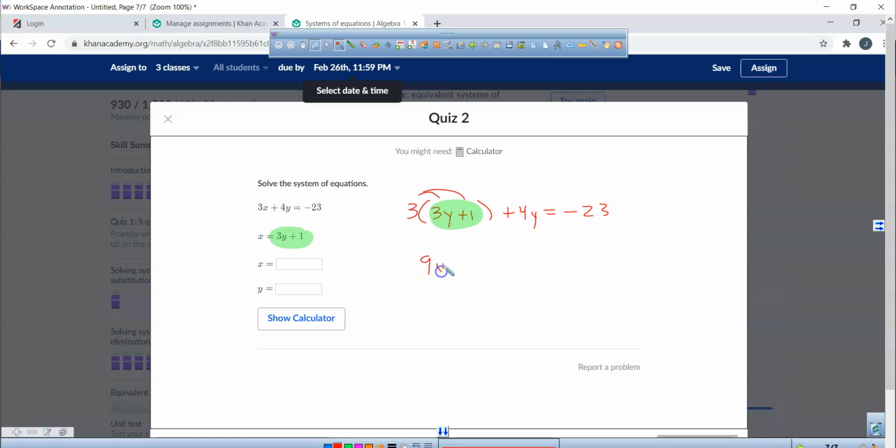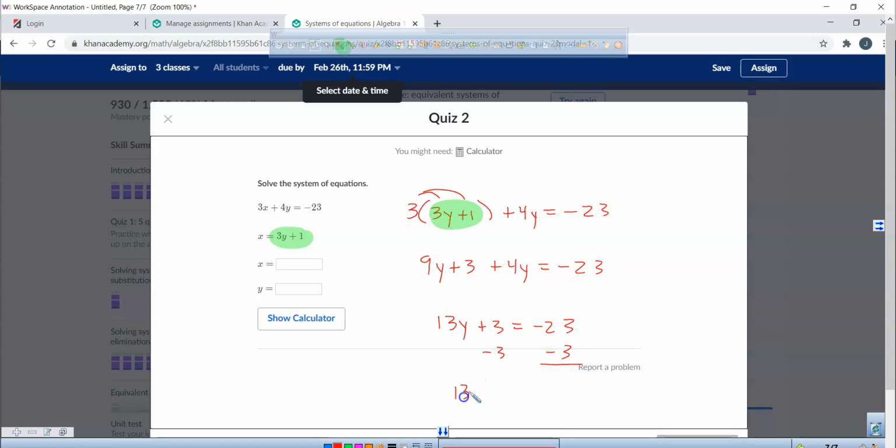We get 9y plus 3 plus 4y equals negative 23. You add the y's together, you get 13y plus 3 equals negative 23. Subtract 3 from both sides. 13y equals negative 26. Divide both sides by 13.